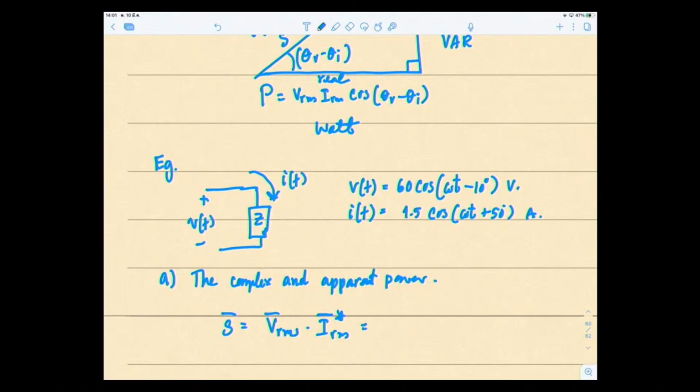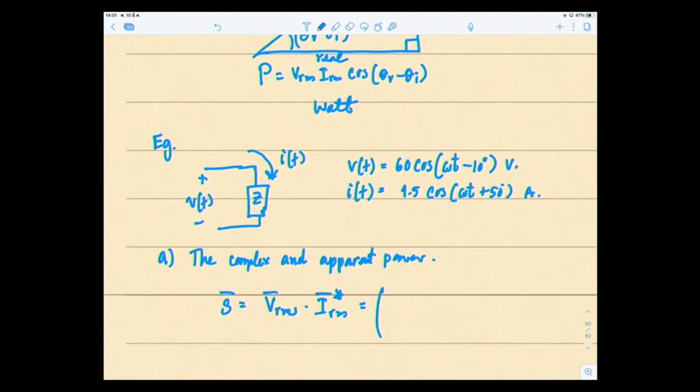So it's equal to the phasor form of the voltage function, 60 over root 2 angle minus 10, multiplied by 1.5 over root 2, making them RMS values, and the angle of I is 50, but we have to do conjugate, so it becomes minus 50.